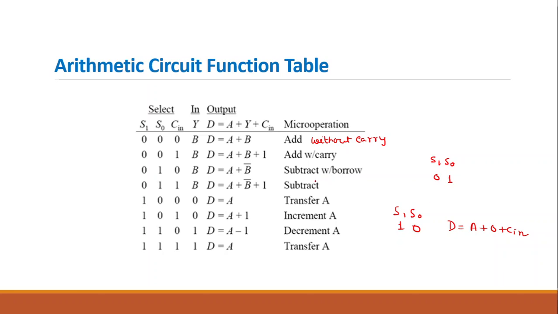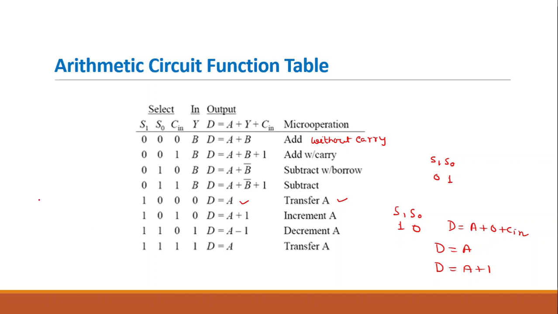When Cin equals 0, D equals A. When Cin equals 1, D equals A plus 1. So when D equals A, it is transfer A. And when A plus 1, it is increment A by 1.